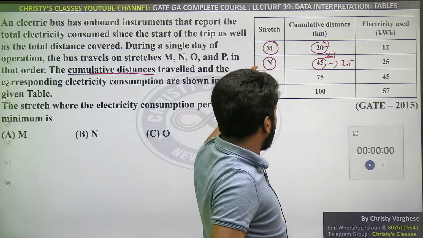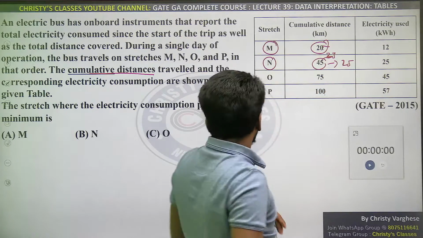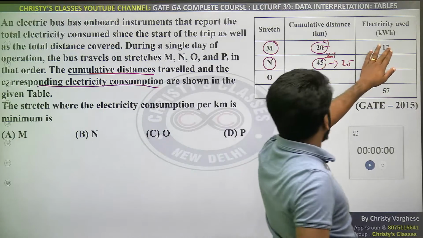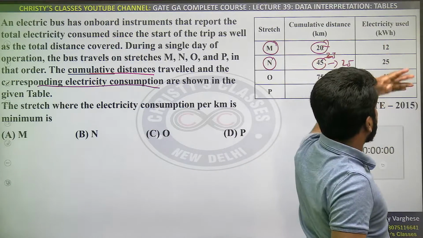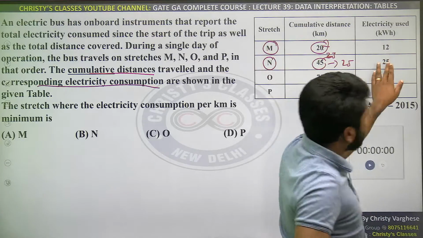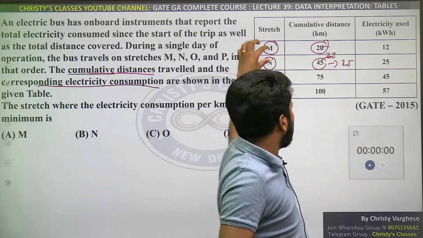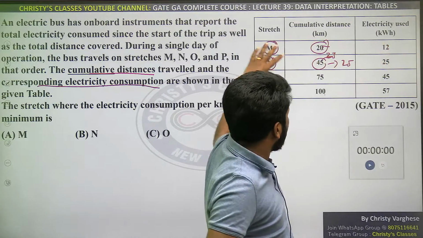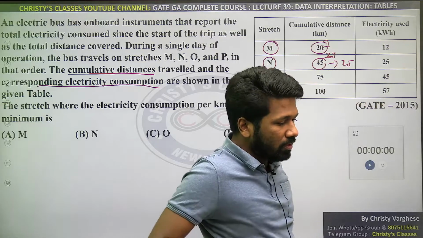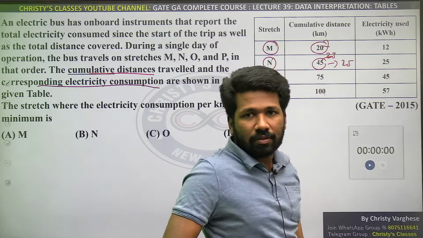And this 100 is M, N, O and P distance together. Similarly, for electricity, 12 is the energy used after M is completed, 12 kilowatt. After M and N is completed, 25; after M, N and O, 45; after M, N, O and P, 57. That is the meaning of cumulative data. That is why it is just increasing.